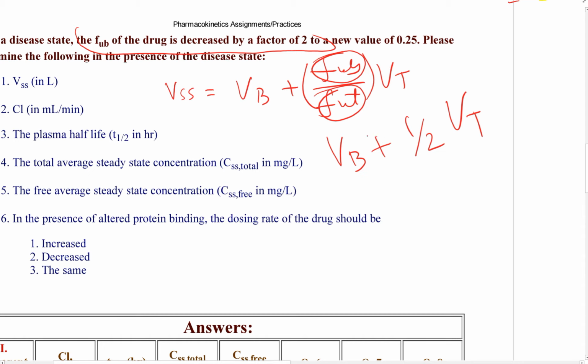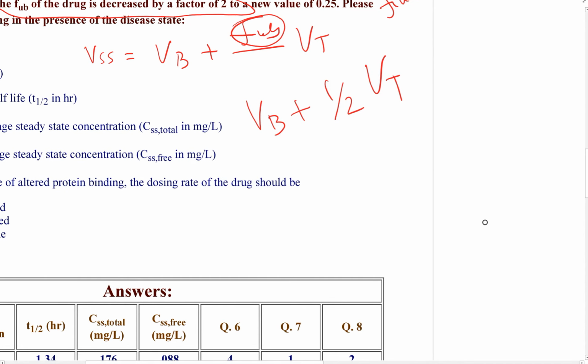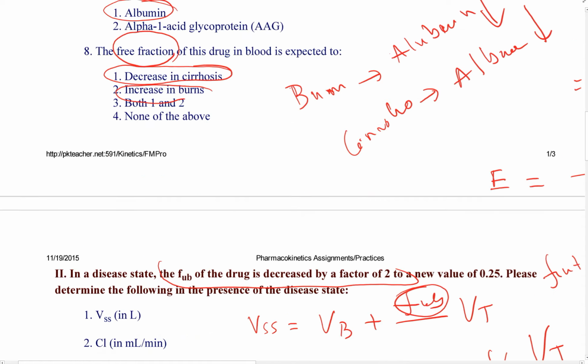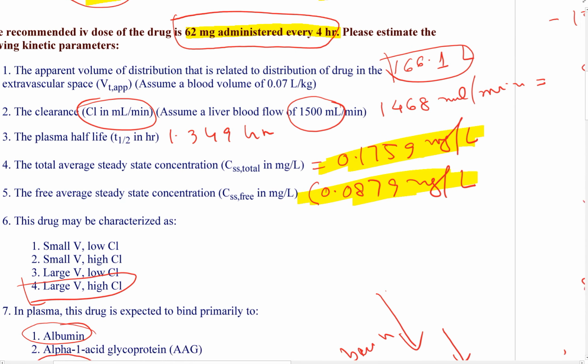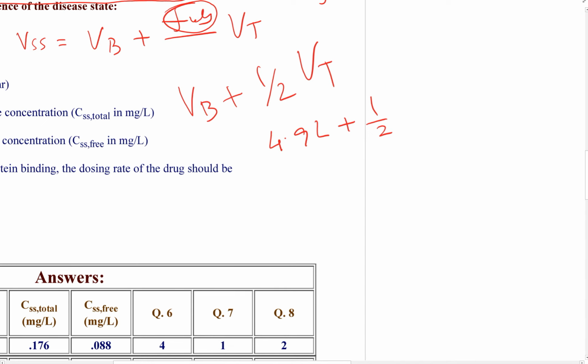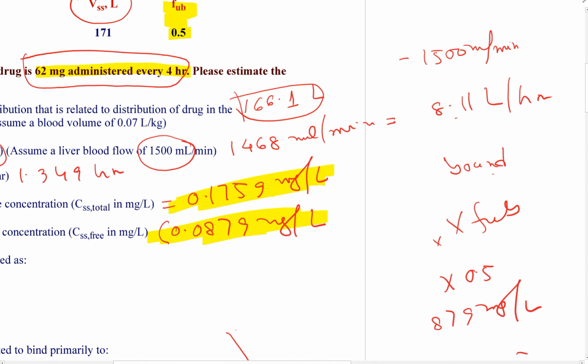Assuming there was no change in FUT, and FUB changed to half, we'll just eliminate FUT. So here now we have VB, 4.9 liter, plus half times VT. We know that VT we have calculated. VT is this one, so we have to use this one.